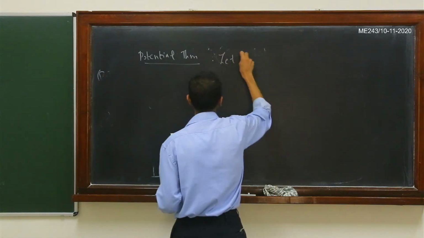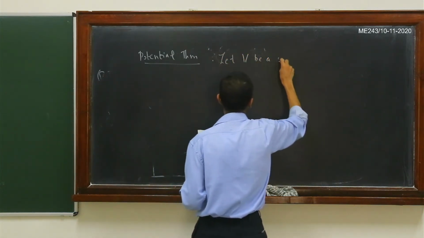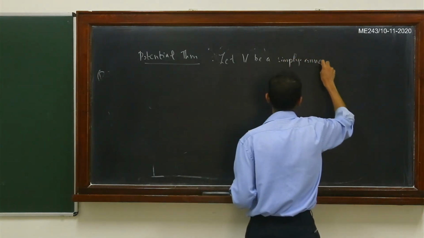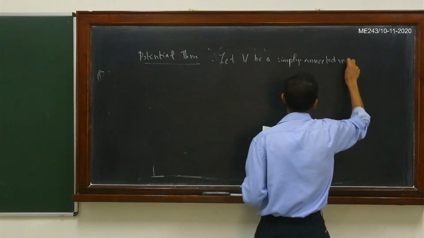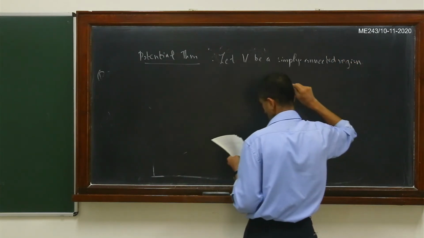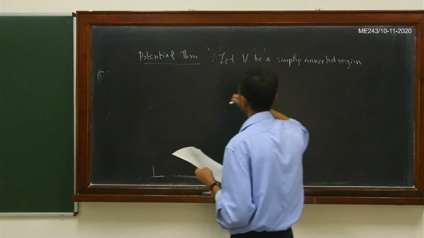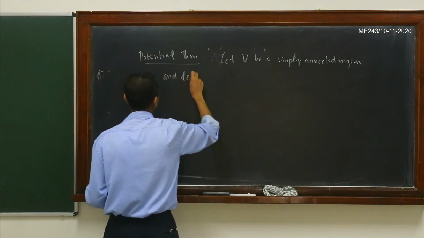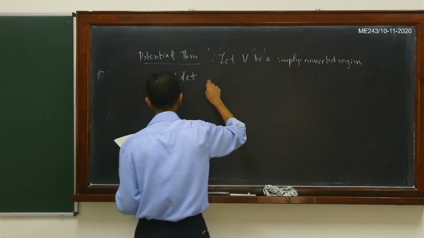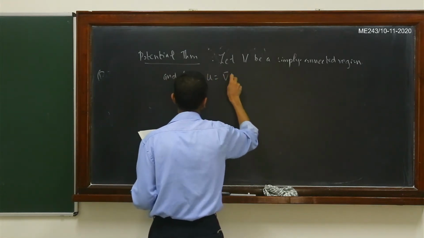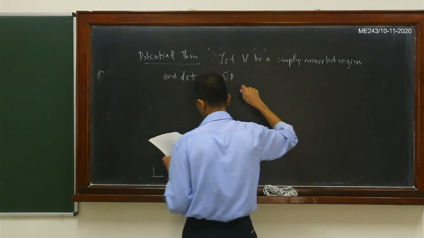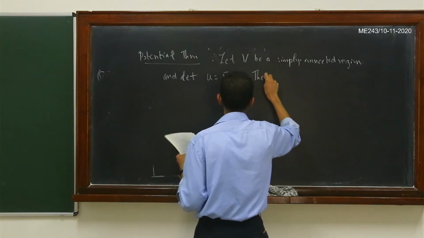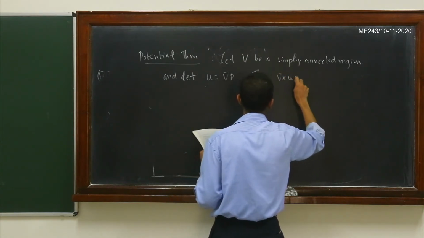So let V be a simply connected region, and let u be equal to ∇φ, then ∇×u is equal to 0.